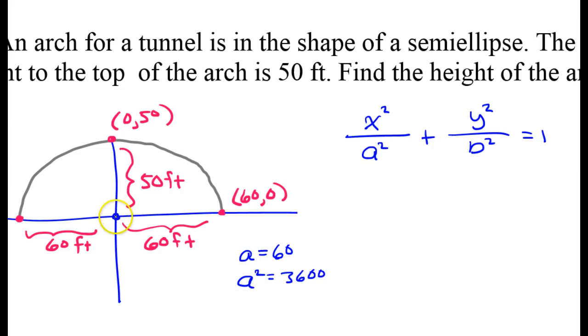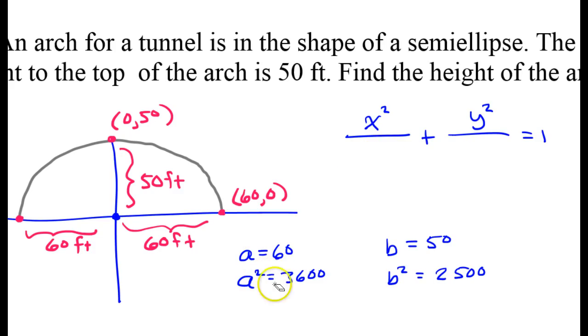Similarly, the b value is the distance from the center to a covertex. They gave us that as well. B is 50. Which means that b squared is going to be 2,500. So we can substitute these values in for a squared and b squared.